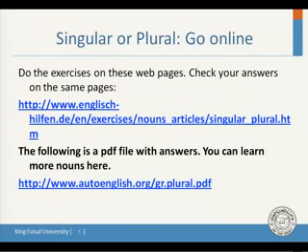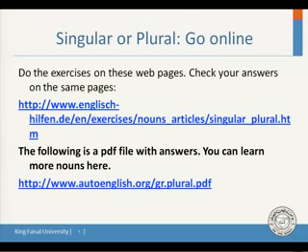Now, on this slide, you can see 2 web pages about the singular and plural. In the first web page, you can do some exercises and then you can check your answers. They are very helpful.